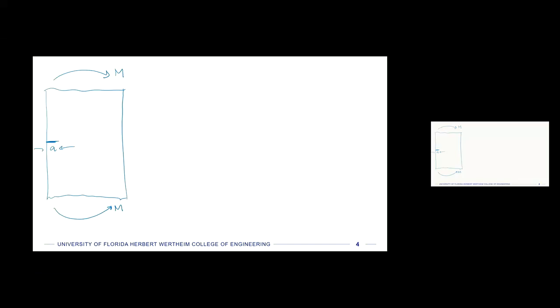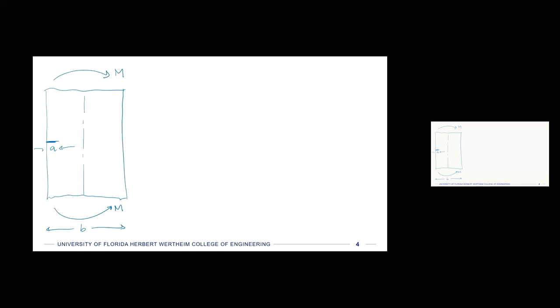Okay, and we're going to say the width of the plate is B here, just for definition's sake. So you can see now, if I draw sort of a center line down here, that our crack is on the edge, right?